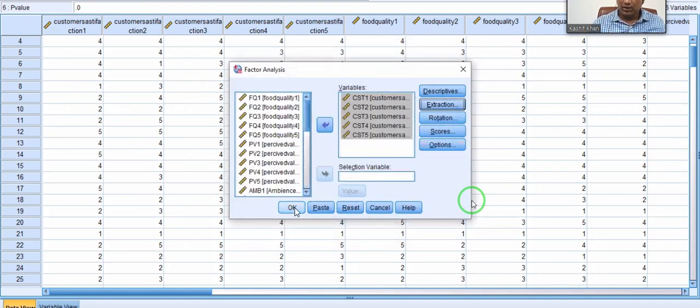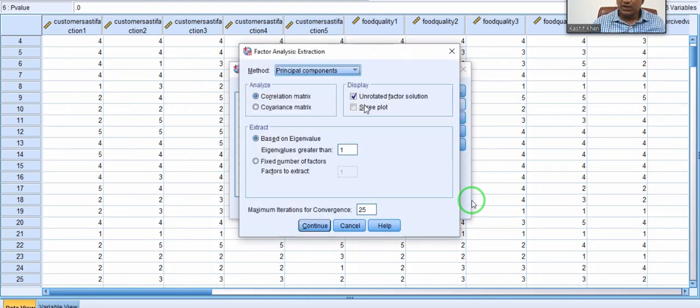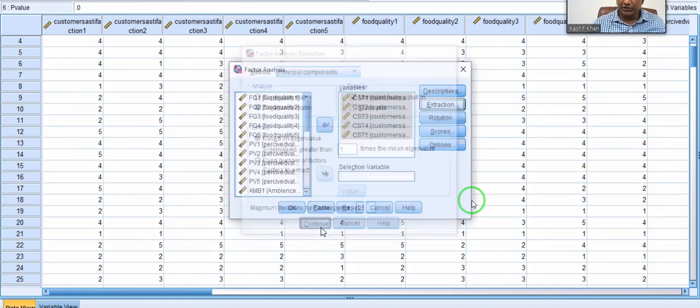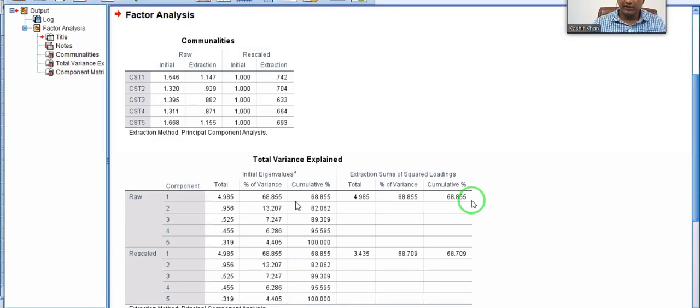Continue. And then covariance matrix. Yeah, I believe that's covariance. Covariance, principal component, and eigenvalue 1, and continue. Let's see if I got it right.